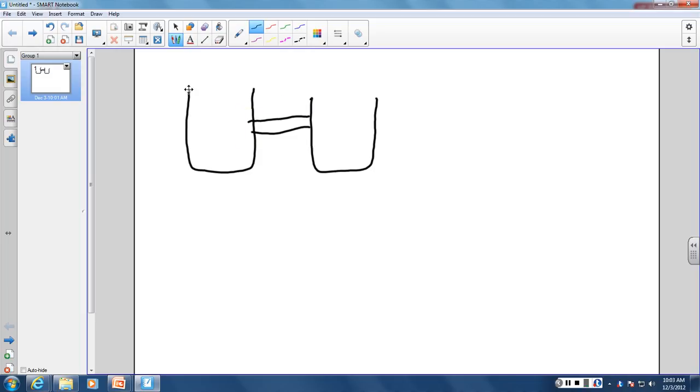Don't worry about that. Just imagine that they're connected. I have the line there connecting them, but you don't see where the fluid in one can actually enter the other. So let's just say this is container A, this one's container B.